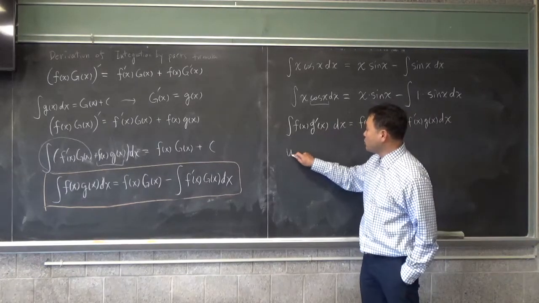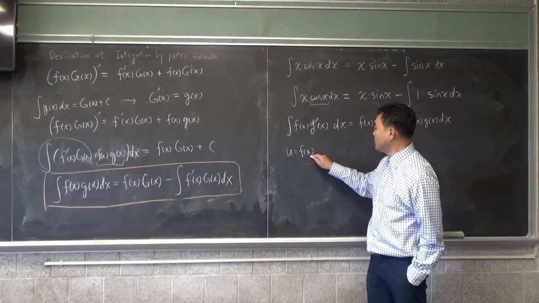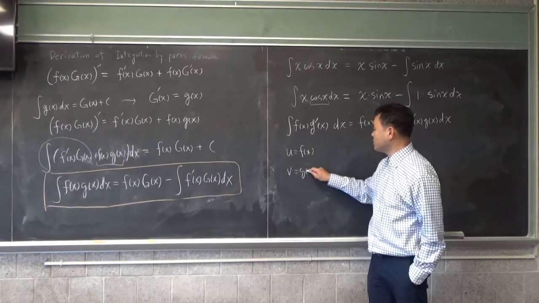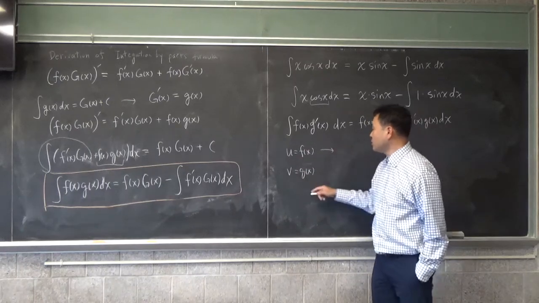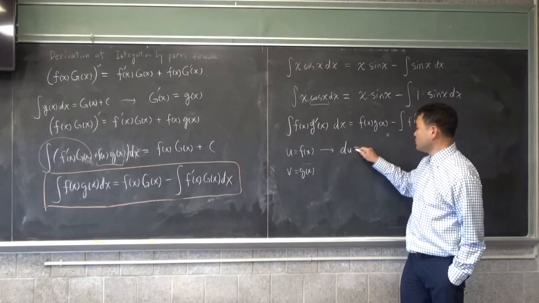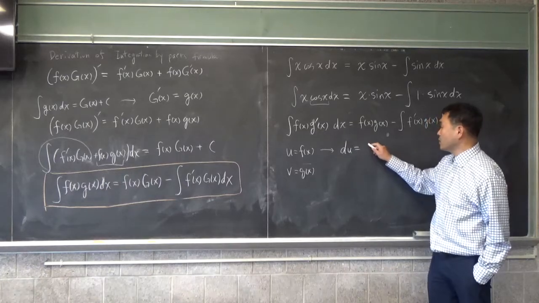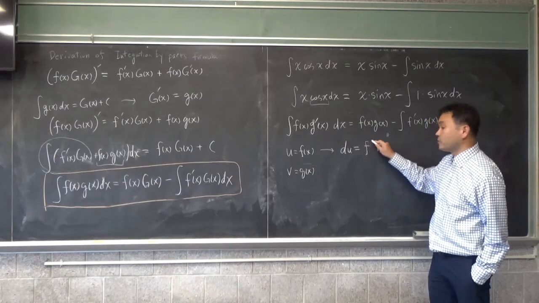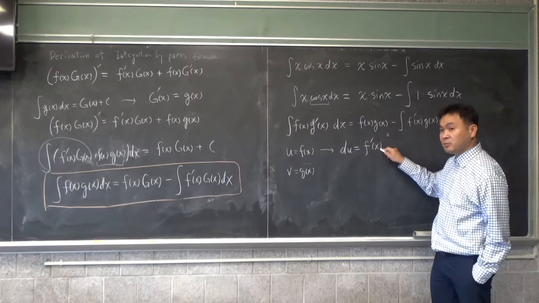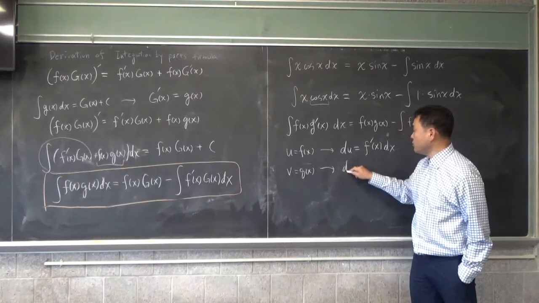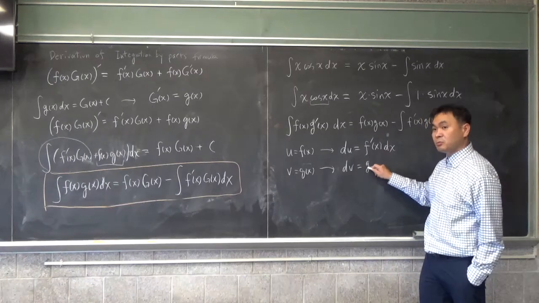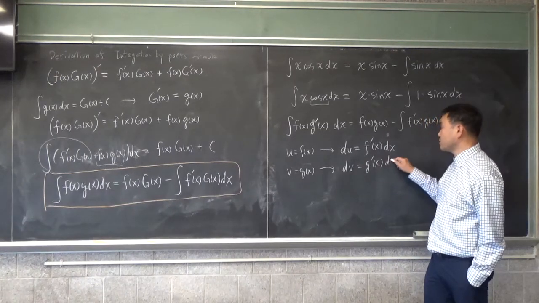You first say u is f of x, and v is g of x, and that means du would be what? What's du then? Du is f prime of x times dx, right? And then dv would be g prime of x dx.